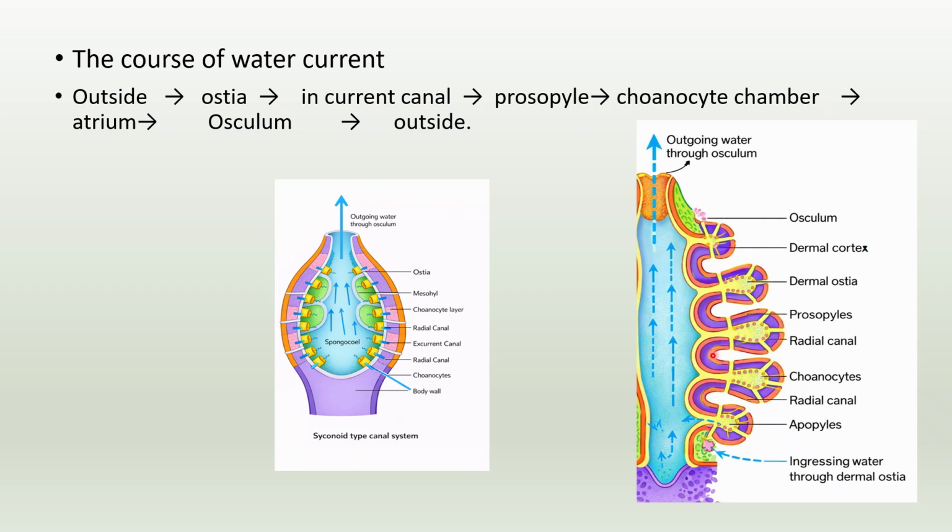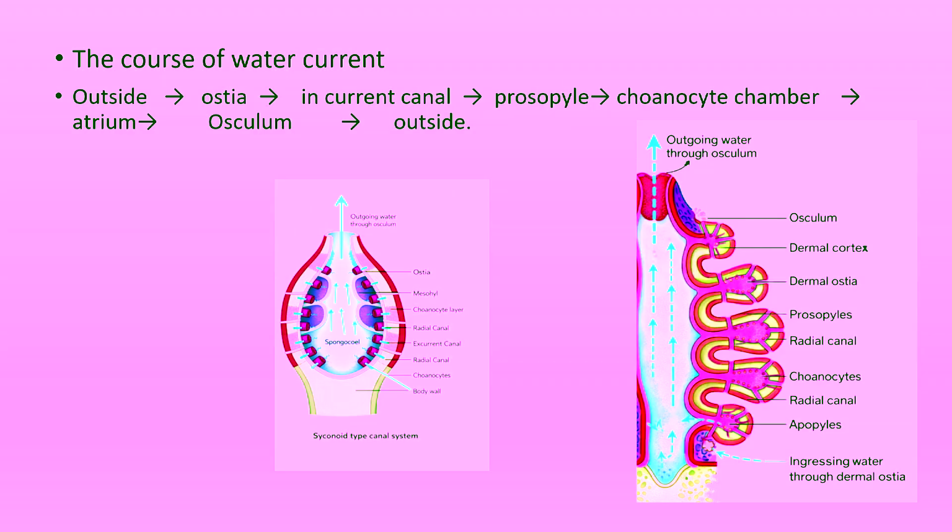From the radial canal, you can see small openings called apopiles. Through these apopiles the water enters the central spongocoel, and from the central spongocoel it is sent out through the osculum, which is found at the free end over here. So this is the course of water current.